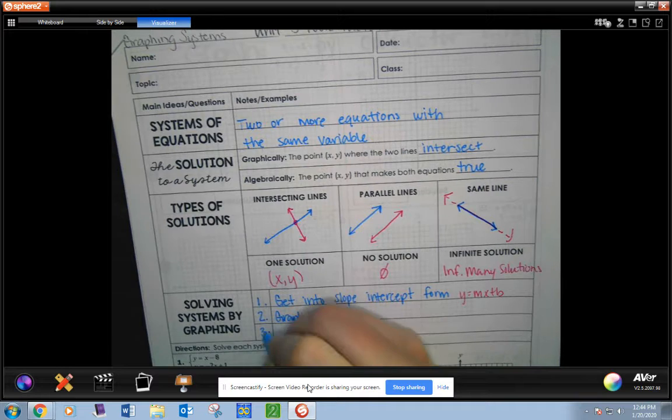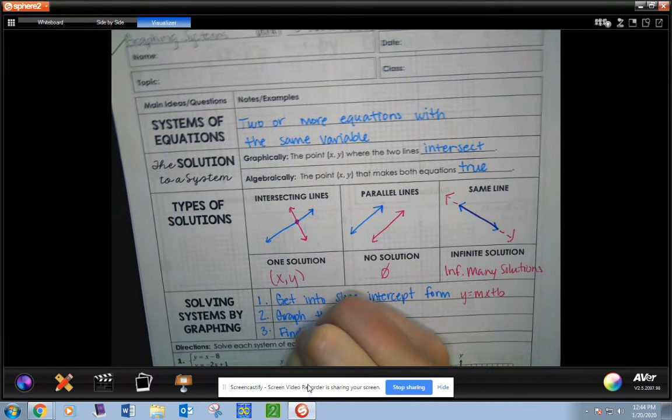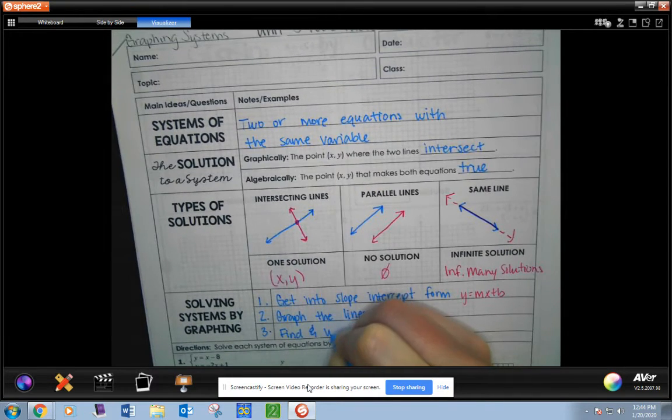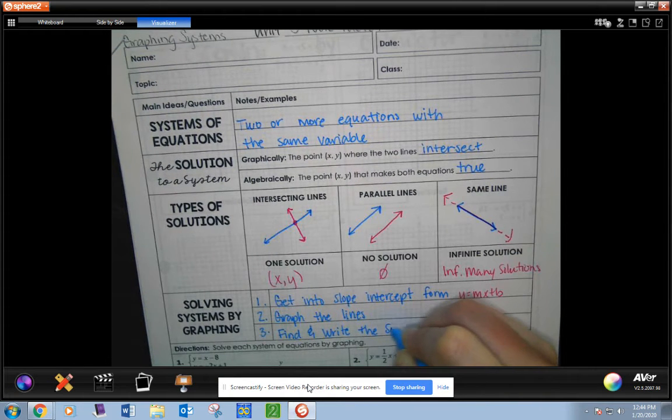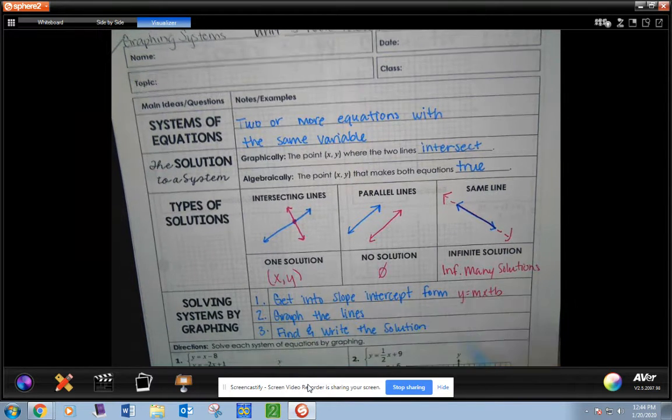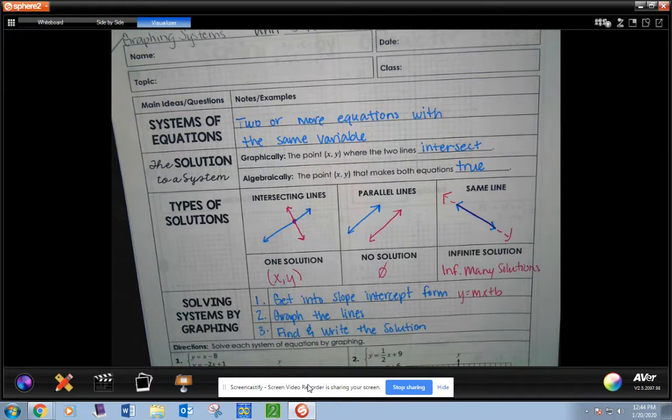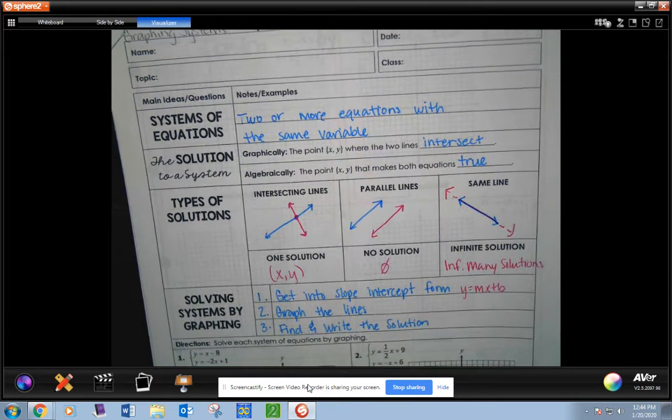And step 3 is to find and write the solution. Most of the time, the solution is going to be an ordered pair. Occasionally, you'll have no solution or infinitely many. This one doesn't happen very often, but it could happen.